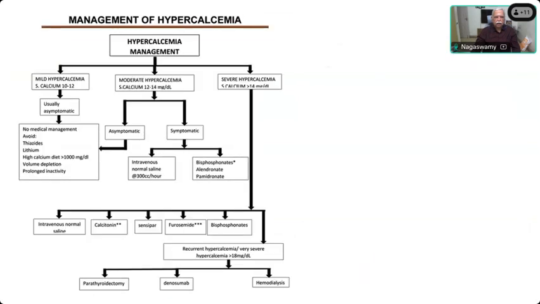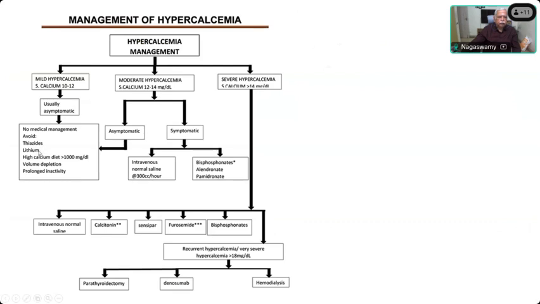And how do you manage hypercalcemia? Sometimes this may be a challenge to you. These patients may come to you for some incidental surgery. The patients who have hypercalcemia, we have to manage them. For mild hypercalcemia, where the calcium level is between 10 to 12 milligrams per deciliter, they are usually asymptomatic. So no active medical management is needed, but avoid these drugs in them.